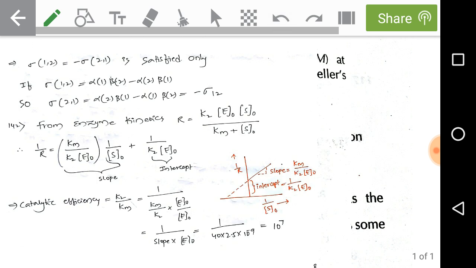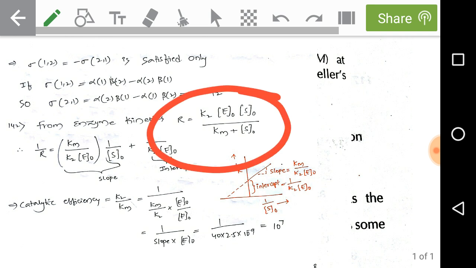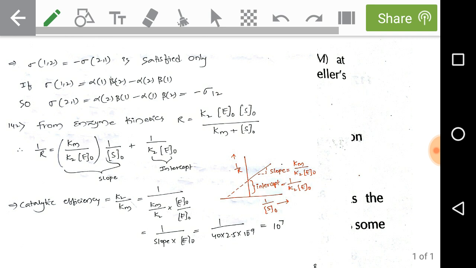Right, now coming to the point on 142, from enzyme kinetics, our rate is equal to K2 into the initial concentration of enzyme and substrate concentration by Km plus substrate concentration, where Km is the Michaelis Menten constant. By expanding it we can get 1 by R is equal to Km by K2 E0 into 1 by S0.